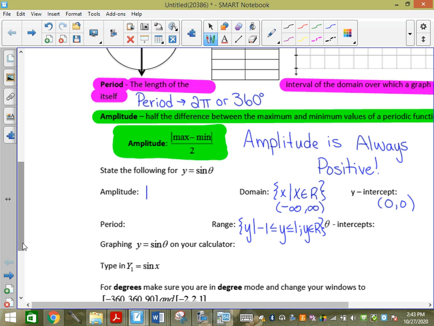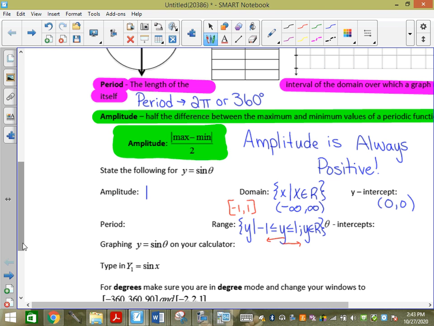The reason those symbols are in the same direction, both looking like less than signs, is because you're reading from the variable. If I read this direction, it's open to y, so y is greater than or equal to -1, and if I read from this direction, y is less than or equal to 1. They always make slanted L's when you sandwich them, and you go from low to high, because you're reading from the variable. And in interval notation, it's way easier. You just go -1 to 1 with square brackets because it's equal to them.